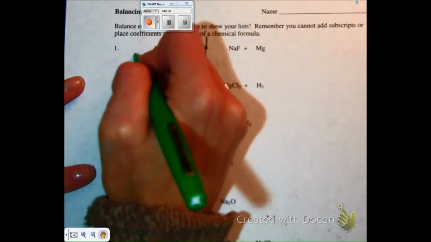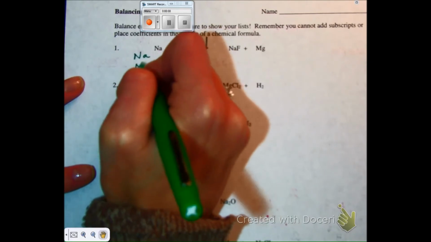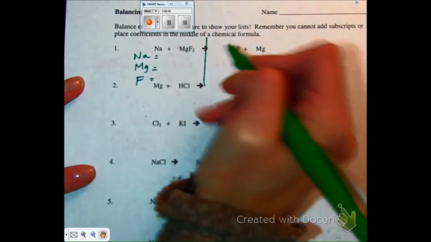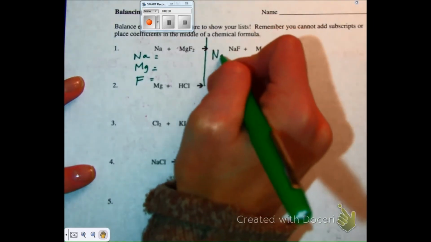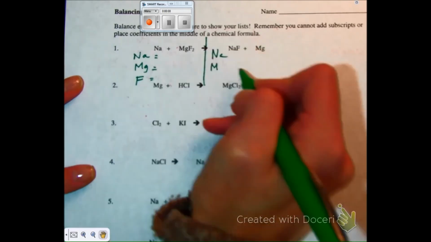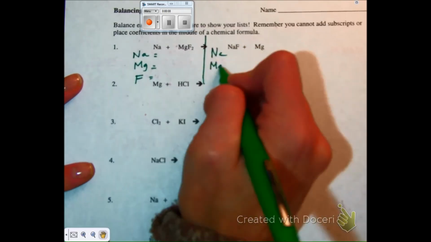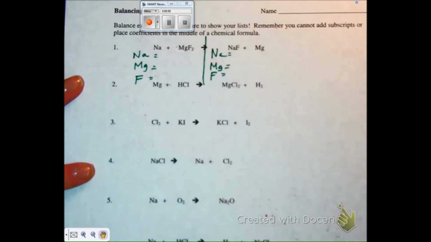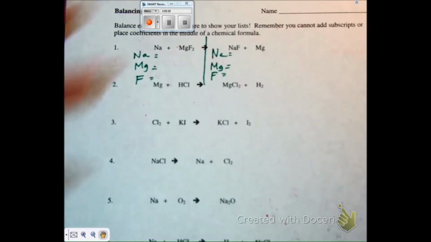So you could do Na and Mg and F. Then make sure you keep the elements in order as you go across, that you don't write Na, F, Mg, because you're trying to see if they match across. So start there and count your atoms, and then try adding in coefficients. Then we'll talk about these in just a few minutes.